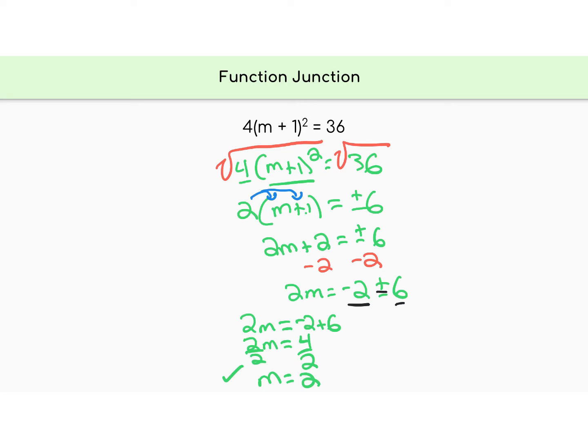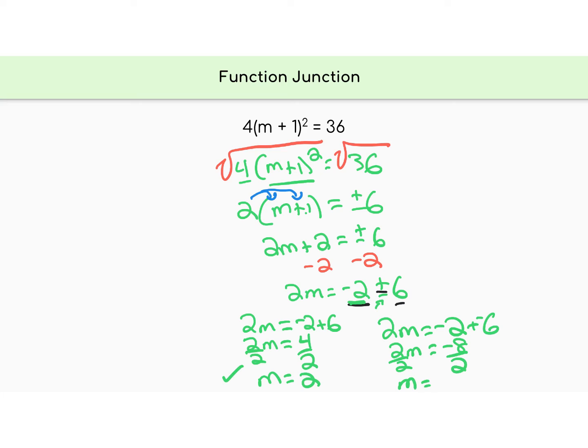So now let's do the other. So we have 2m is equal to negative 2, then minus positive 6. So this becomes 2m is equal to negative 2 minus 6, which becomes negative 8. Let's divide each side by 2.